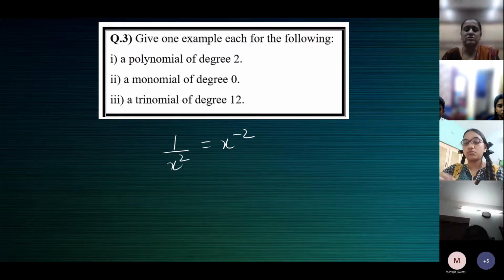Very easy. What are whole numbers? 0, 1, 2, 3, 4, 5, 6, 7, 8, and so on. If it's not a whole number, it's not a polynomial.